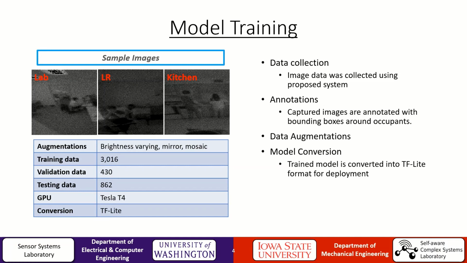The model was trained using a Tesla T4 GPU, and the final trained model was converted into TensorFlow Lite format for deployment on the Raspberry Pi. The conversion allows us to use a lightweight TensorFlow Lite model interpreter that was specially built for inferencing on embedded systems.